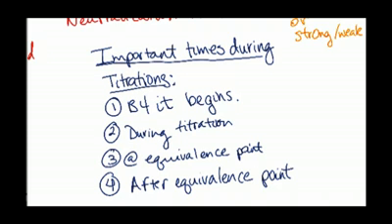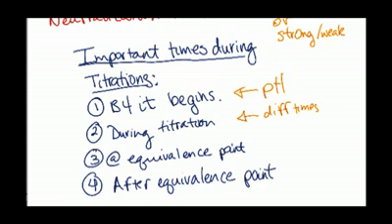We're going to try to find and look at the pH before it begins. We're going to find it during the titration at different times, after different amounts of titrant have been added.